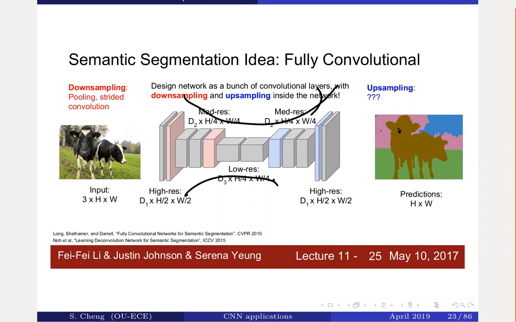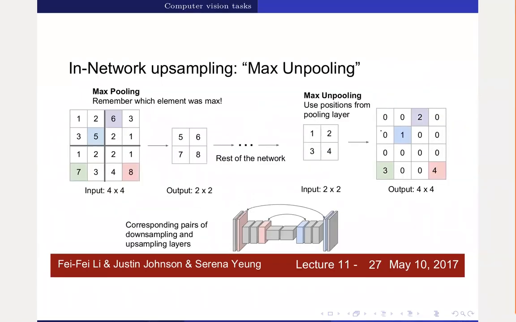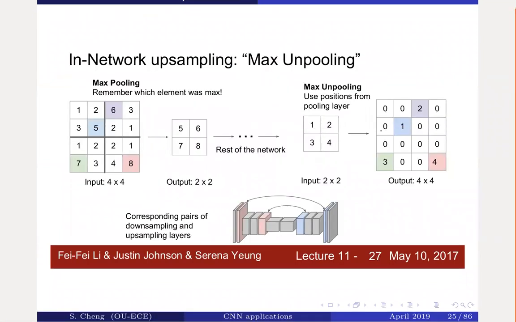I guess I still have some minutes here, so maybe I should also mention max pooling. You can do the same thing here, right? If you have max pooling, you can do max unpooling. For example, if I pool 5, 6, 7, 8 here, I can unpool.